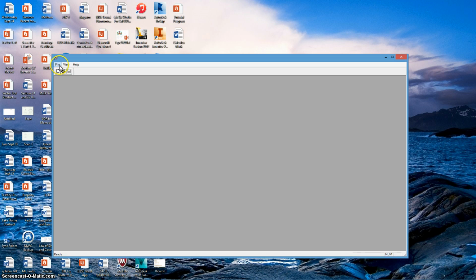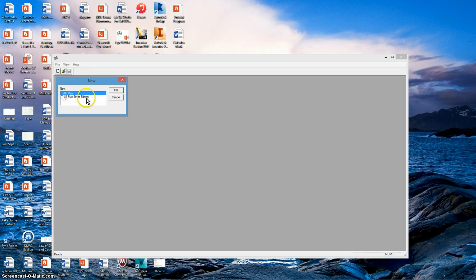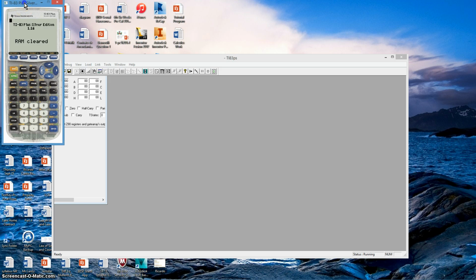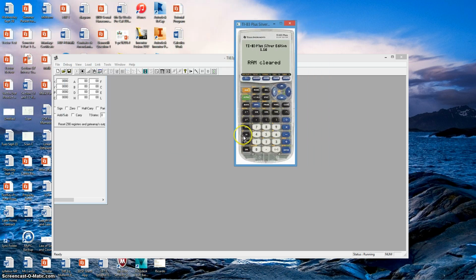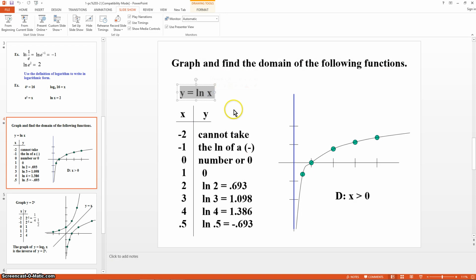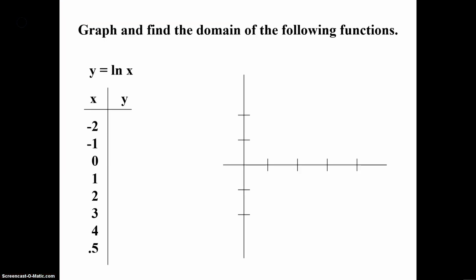Now remember, if you look at your calculator, the natural log button is the button that's right next to the number 4. It says LN. All right, so we have y equals natural log of x, and we're going to make an x and y table. It's nothing new. We've done this before in the previous section.